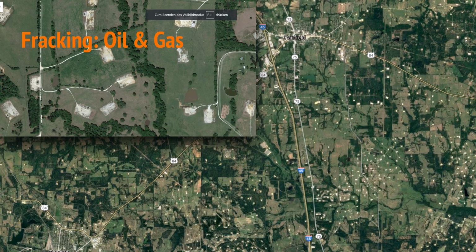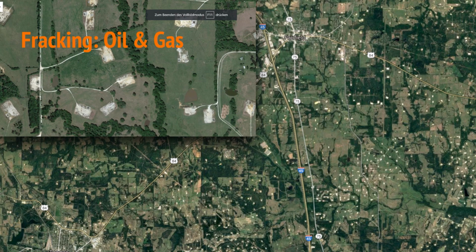Other technologies also use land, and I've shown you a picture from fracking. Fracking is a technology where you can extend the amount of oil or gas, depending on the site, that you can extract from the underground.